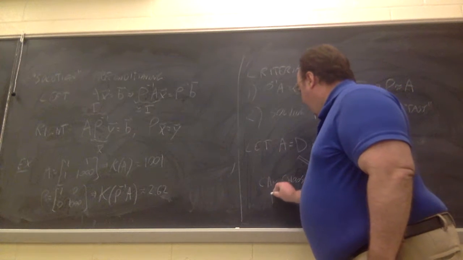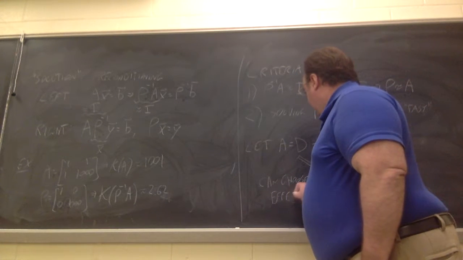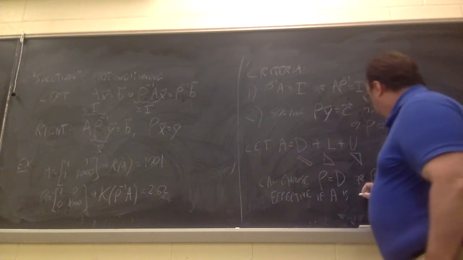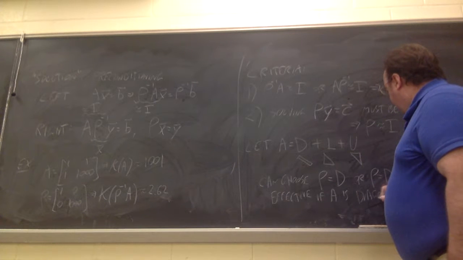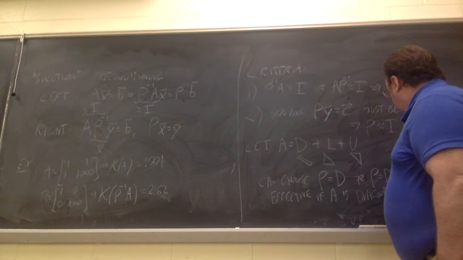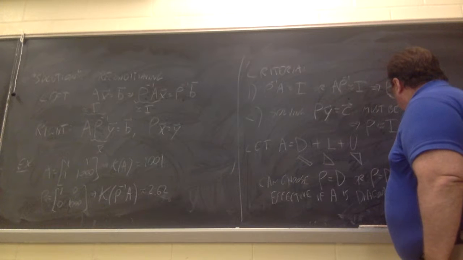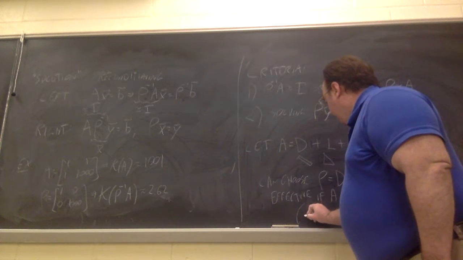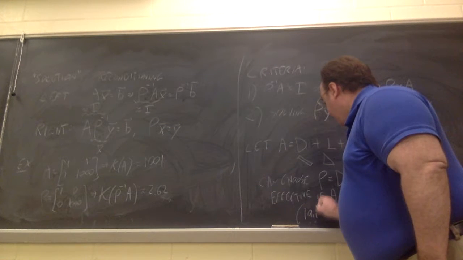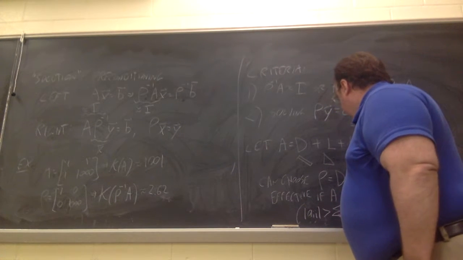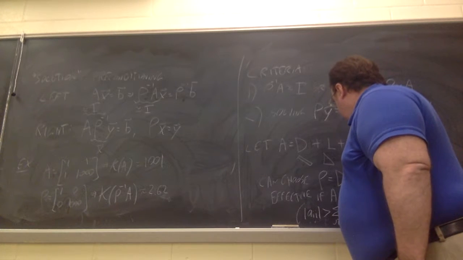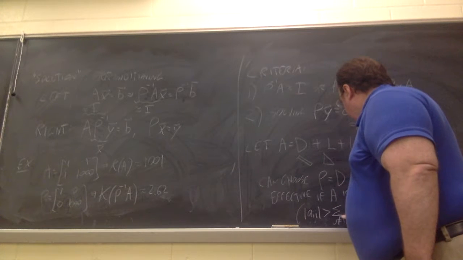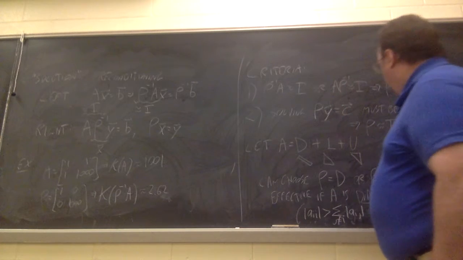So these are particularly effective if A is diagonally dominant. What I mean by that is each diagonal entry is greater than the sum of all the off-diagonal entries in the same row.